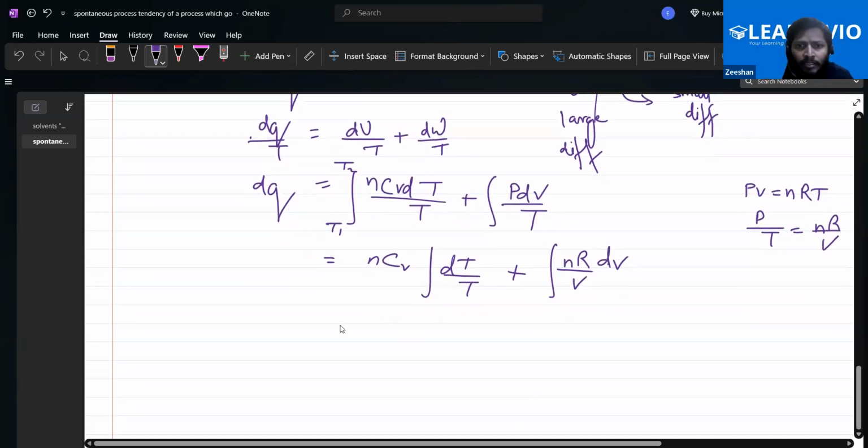So dT by T is ln T. Do you remember this? And here also n is constant, R is a universal constant, and we will get ln V.